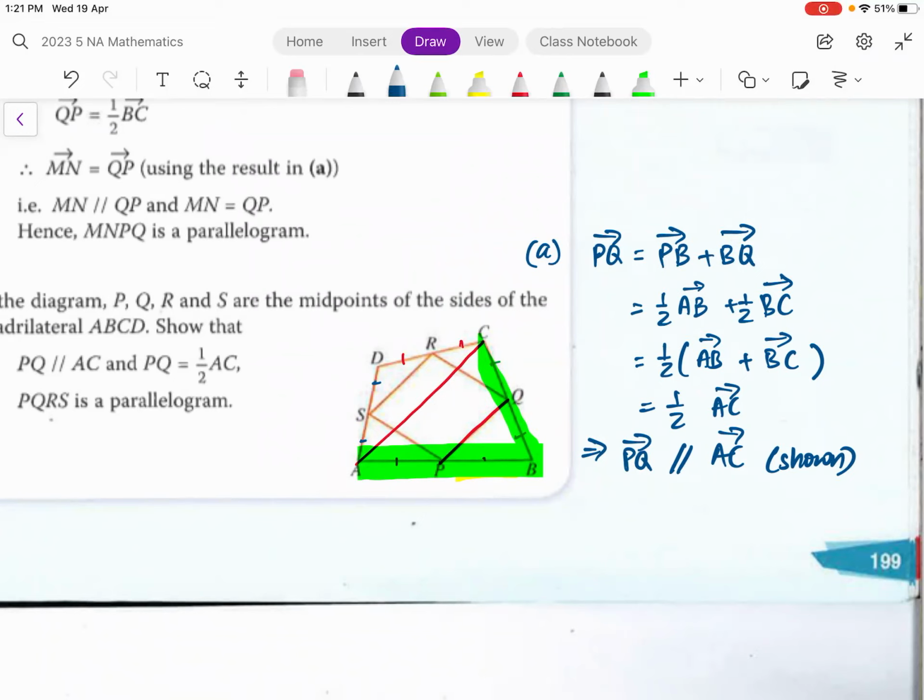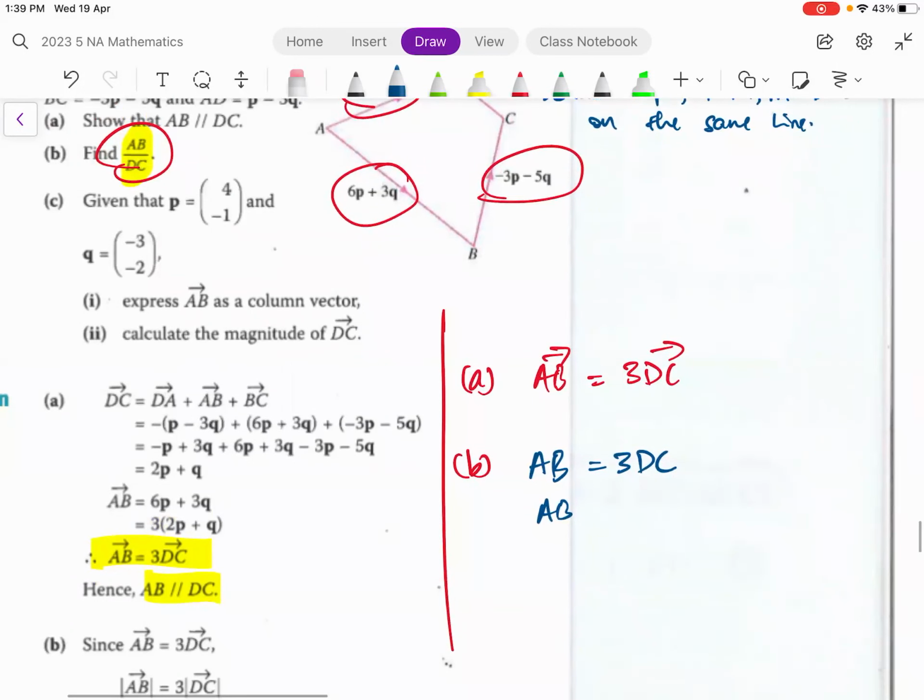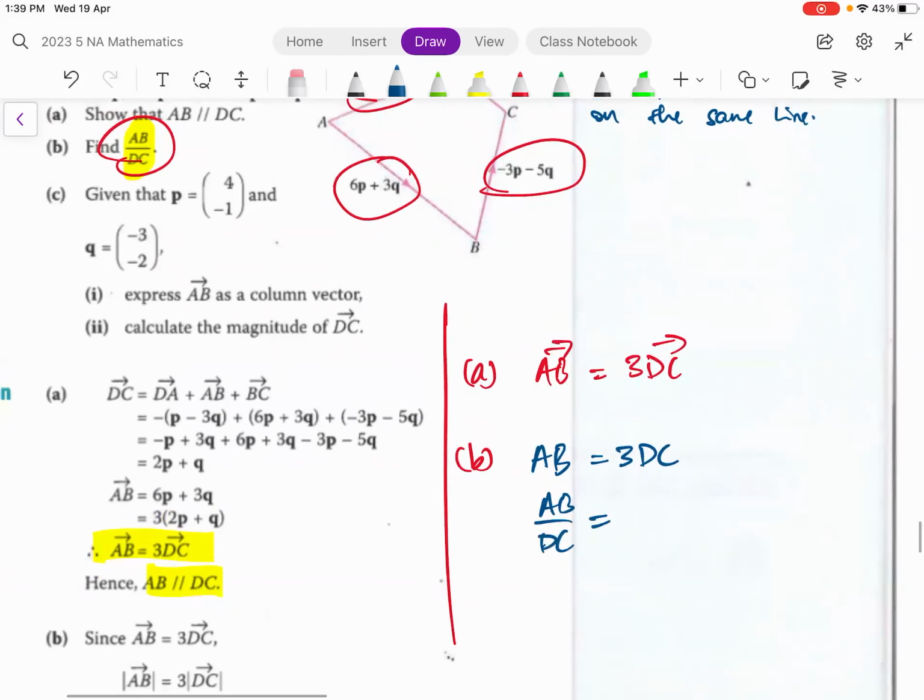So they wanted AB over DC. Now you can just treat them as your algebra already. 3 lor. Okay, you can even draw the magnitude symbol if you want, but you don't have to. So that's the only new type of question that I want you to be familiar with. The rest are all the same already.